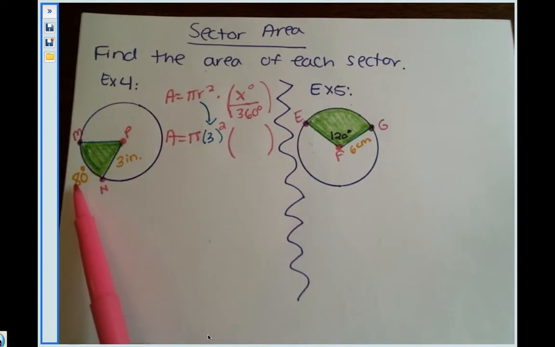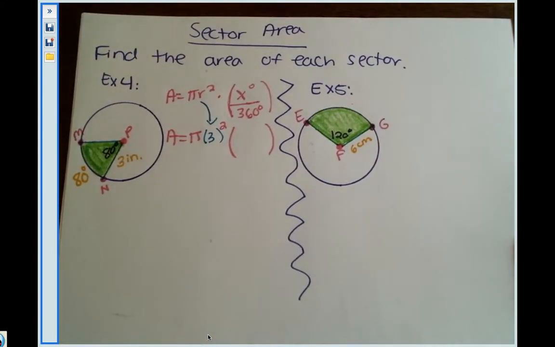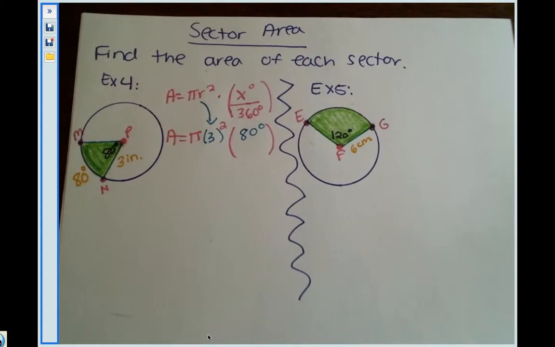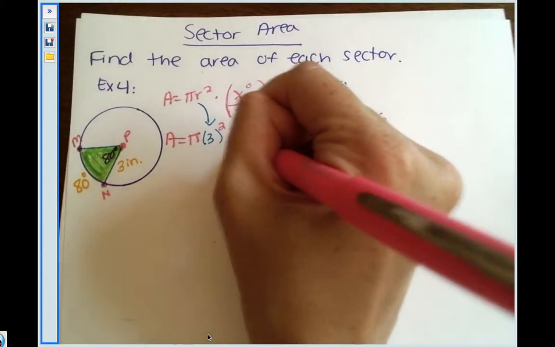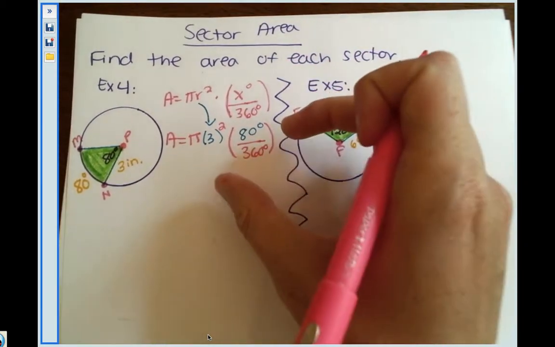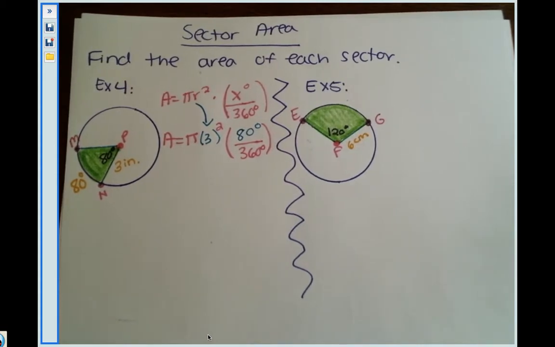If the intercepted arc is 80 degrees, that means my central angle is also 80 degrees. So it's going to be 80 degrees over 360, which gives me the fraction of the area of the circle that I'm dealing with. This is the portion of the area that I'm looking at. That's all we do, and we just simplify things down.